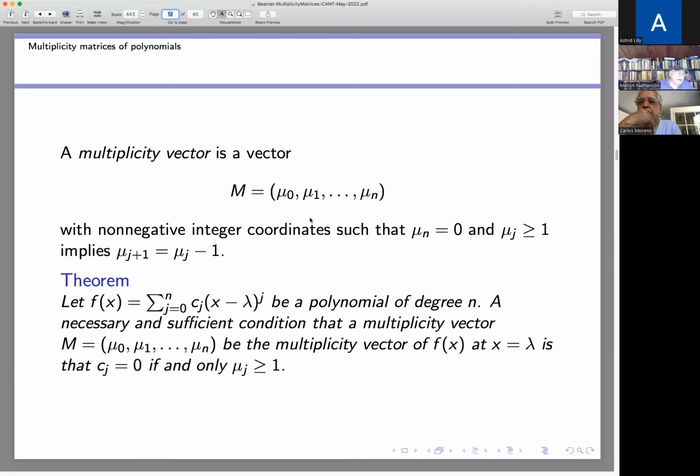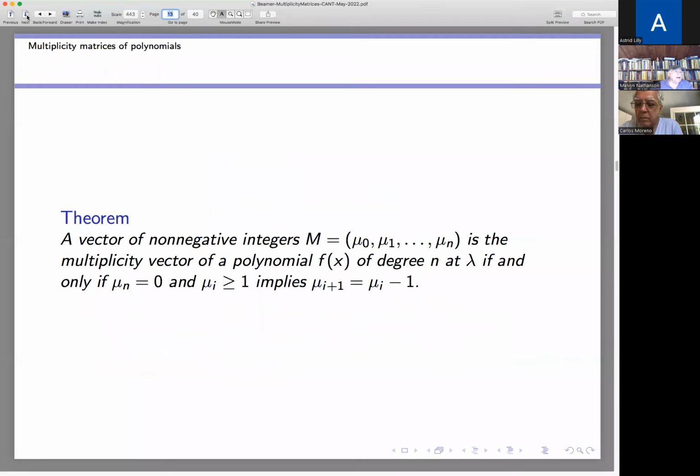So any multiplicity vector for a polynomial at a point lambda will satisfy these conditions. And it's easy enough to check that any such vector is always the multiplicity vector of some polynomial of degree n at lambda.